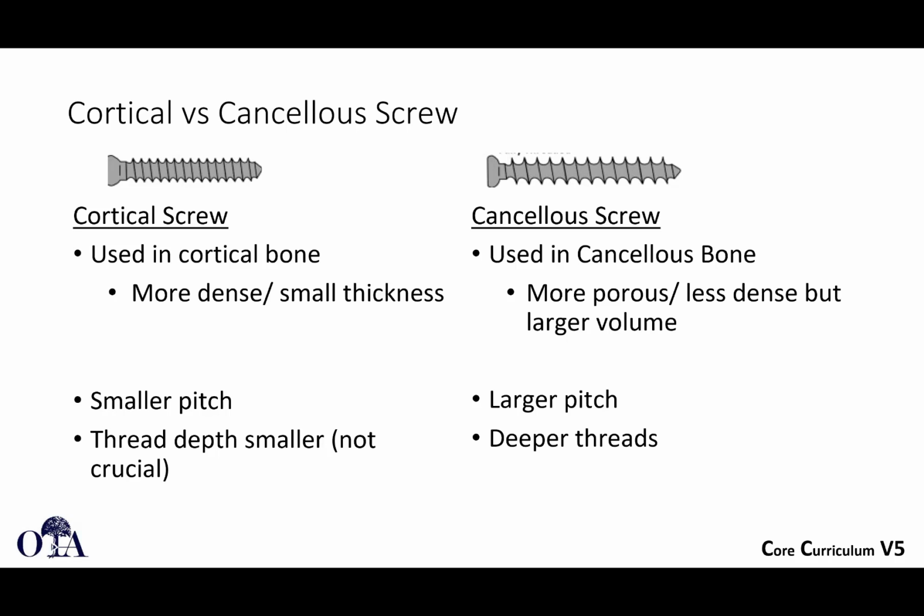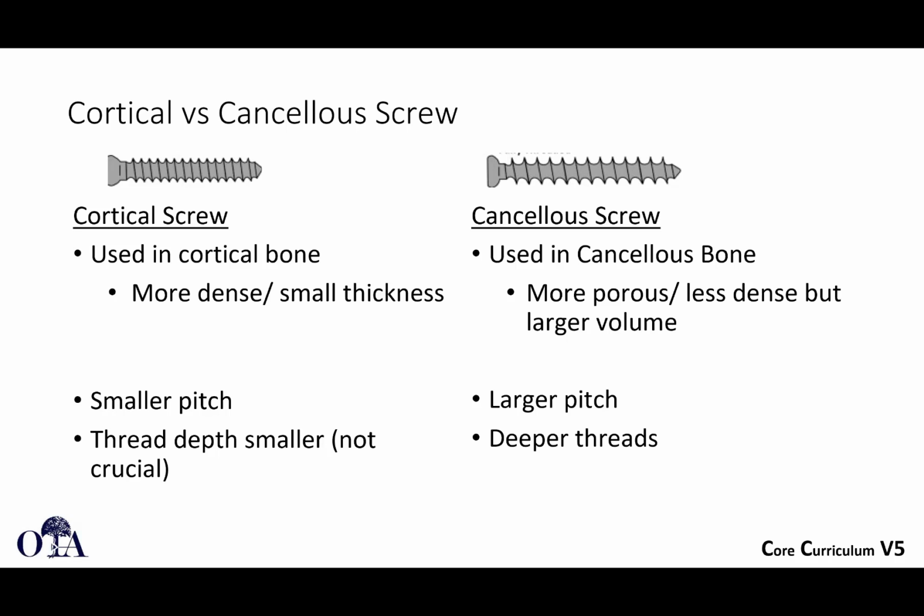So what about cortical versus cancellous screws? If you look carefully, these screws look a little bit different here. The cortical screw here on the left is obviously used in cortical bone, where the bone is more dense and there's less volume. It's a smaller pitched screw. The thread depth is also smaller, although that's not crucial.